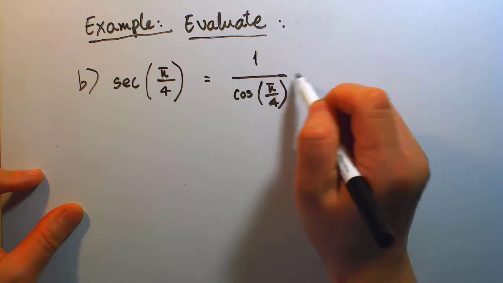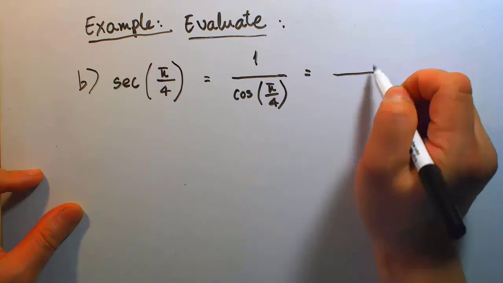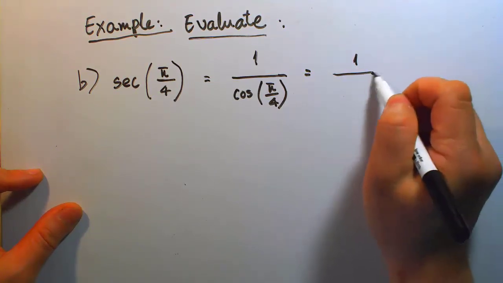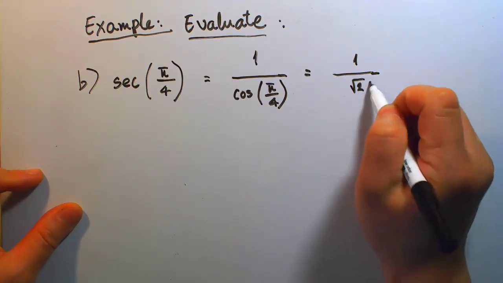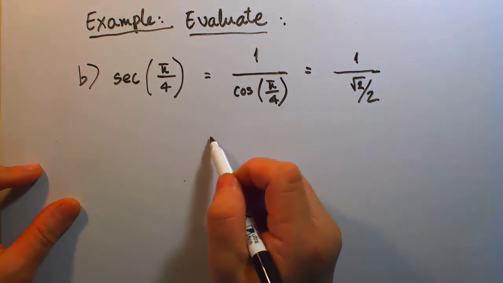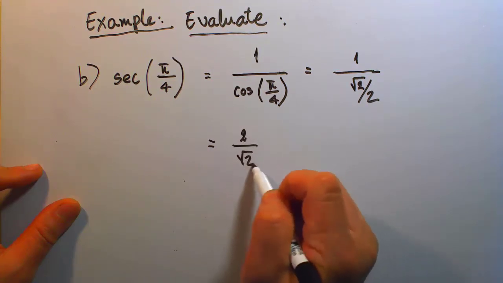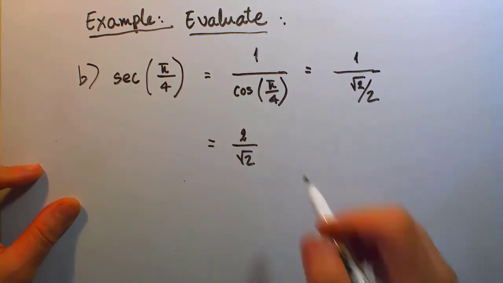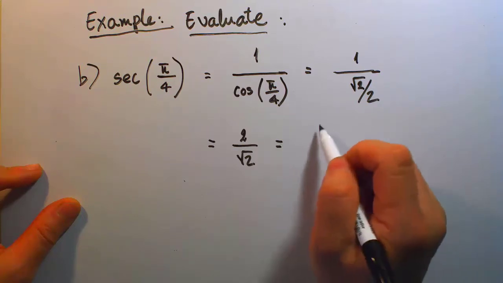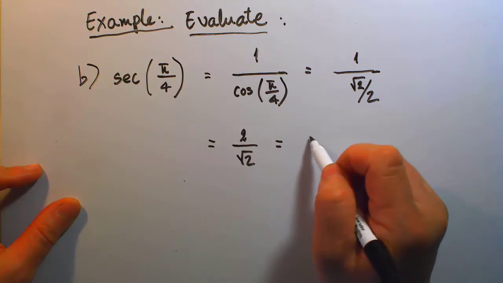And cosine of pi over 4, we've learned, is square root of 2 over 2. We put it there in the denominator, and our work now turns into 2 over square root of 2. The 2 can cancel with square root of 2, and that gives us square root of 2.